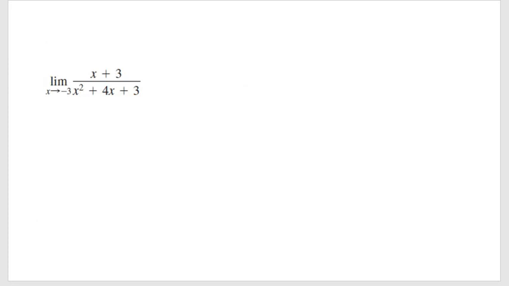In this question, we have to calculate the limit as x tends to minus 3. So first let's look at the denominator. If you look at the denominator at x equals minus 3, because that's where the limit is: minus 3 squared plus 4 times minus 3 plus 3.